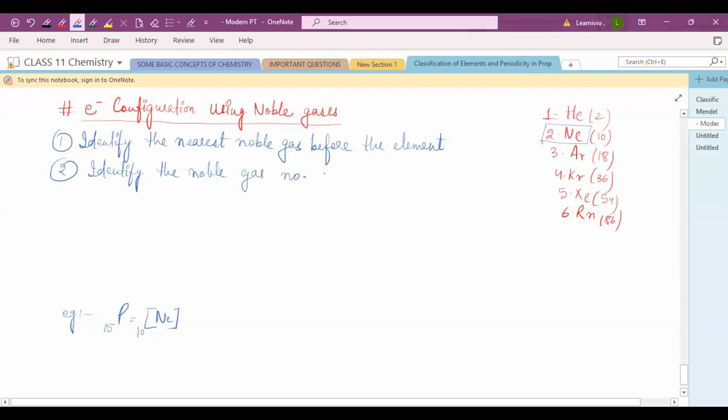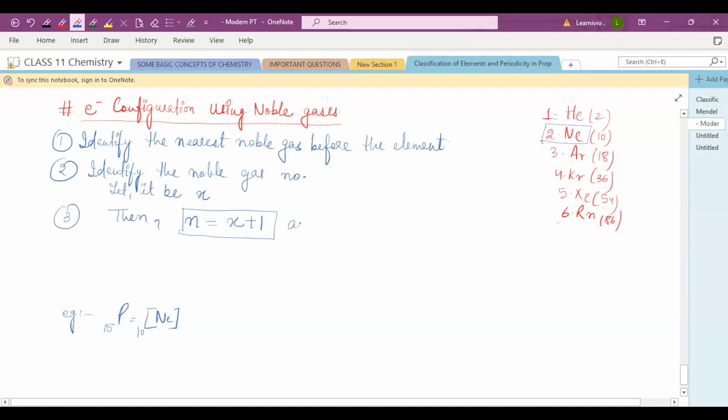After identification, suppose let it be x. X could be 1, 2, 3, 4, 5 or 6, कुछ भी हो सकता है, right? Then the third step: your n will be equal to x plus 1. आप x में plus 1 add कर दोगे तो you will get the principal quantum number.